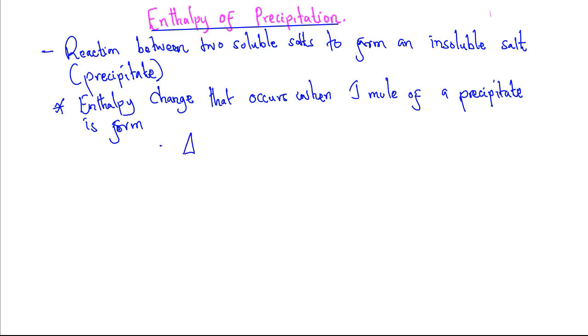And it is abbreviated as delta H PPT. That is for enthalpy of precipitation.